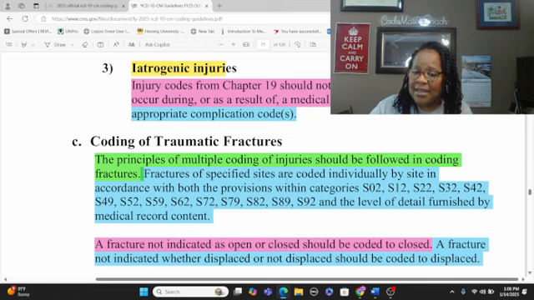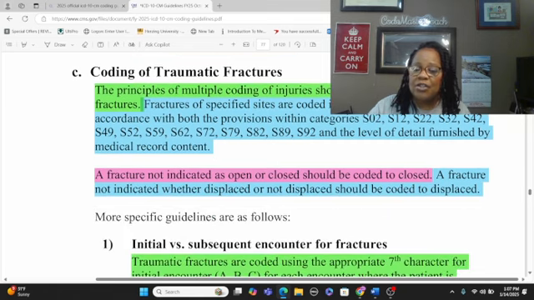Fractures of specified sites are coded individually by site in accordance with both the provisions within the categories S02, S12, S22, S32, S42, S49, S52, S59, S62, S72, S79, S82, S89, S92, and the level of detail furnished by the medical record content. So carry it all the way out, identifying left or right or bilateral as those category codes expand.